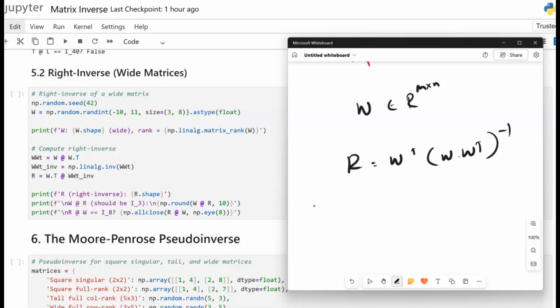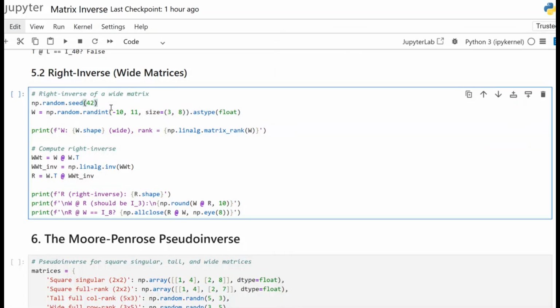Actually, W multiplied by R equals the identity matrix. Let me discuss this using the code.